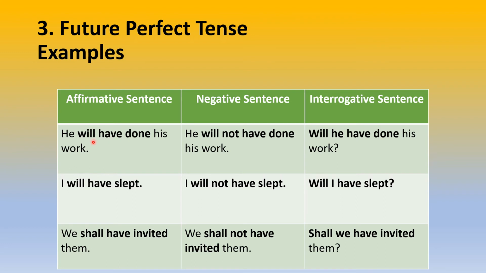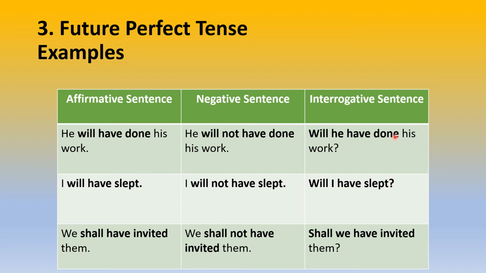And auxiliary verb as well as the helping verb is helping you understand that the action will have been completed in the future. In order to make the sentence a negative one, we will write not after will. Here is your sentence. He will not have done his work.